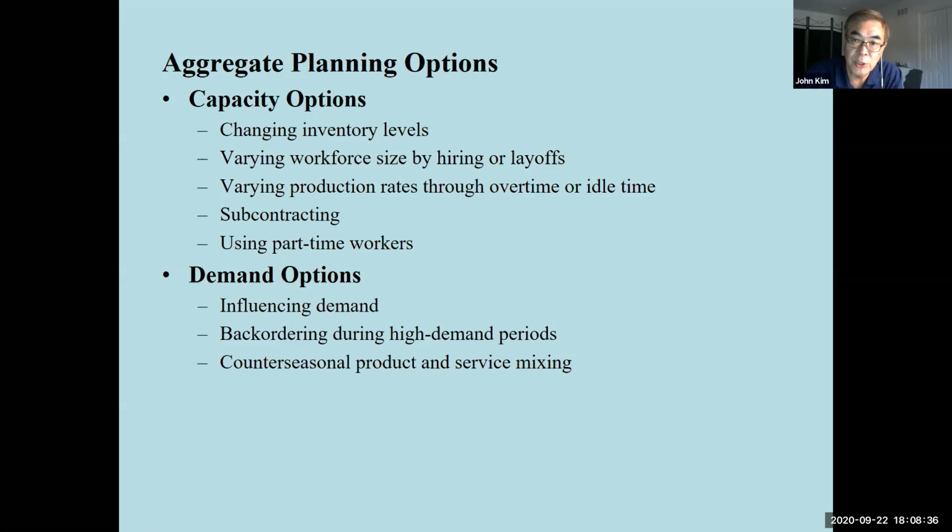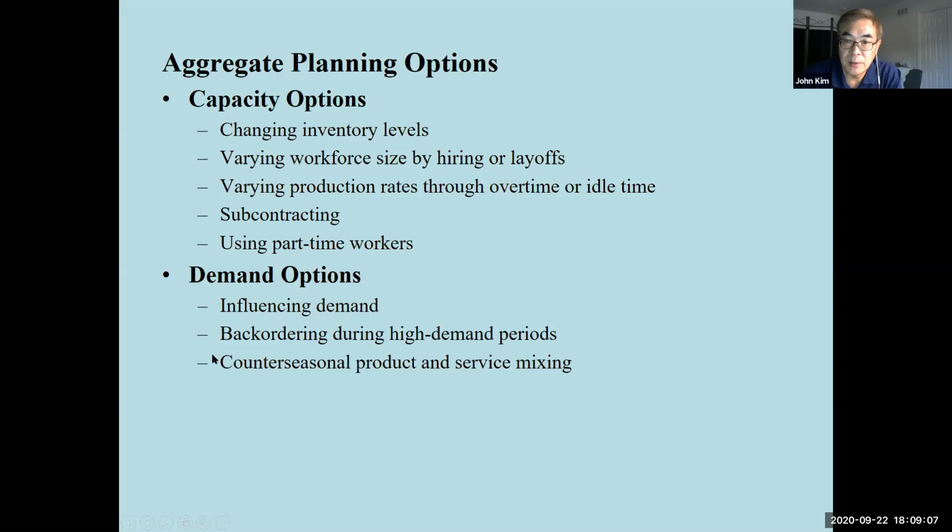So change in workforce size. And then varying production rate, using more machines or increasing capacity. And then using subcontractors or outsourcing, and using more part-time workers to increase capacity.